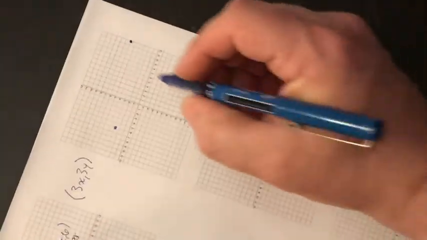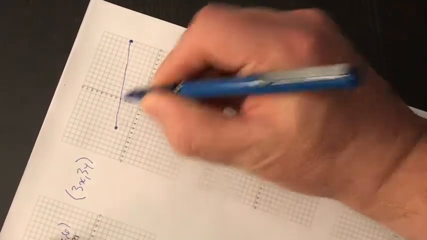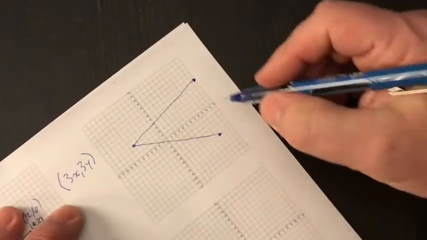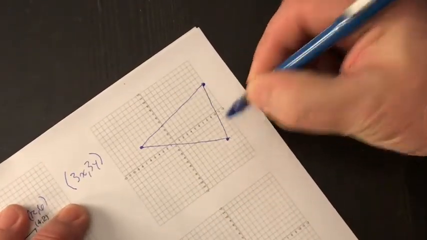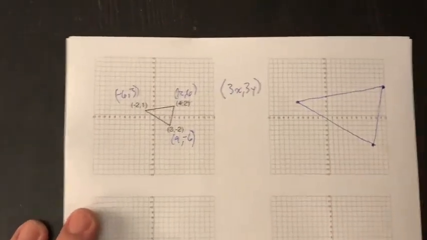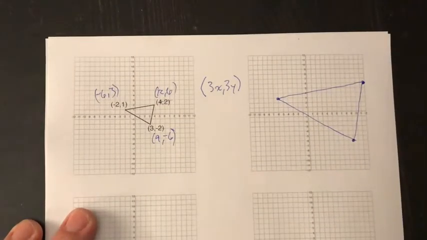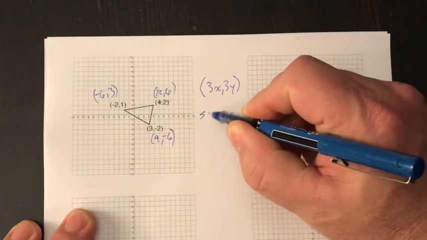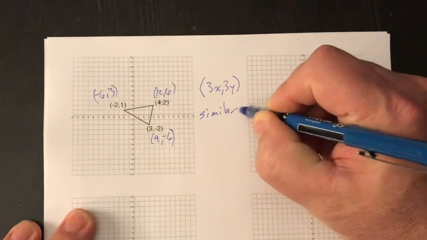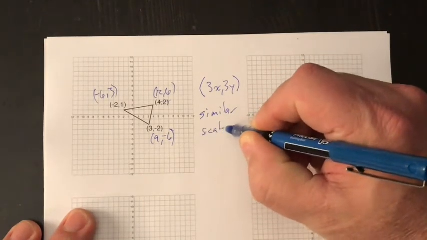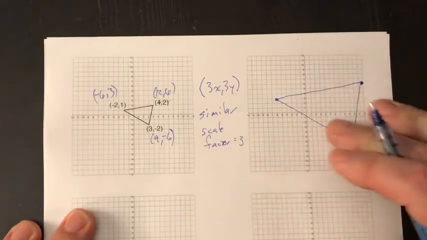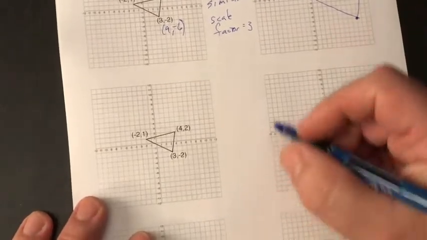And what we get when we connect these points, don't think this should be a surprise at this point, but we get a similar triangle where everything is 3 times as big. This rule created a similar triangle with a scale factor of 3.